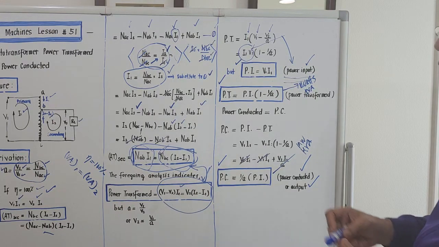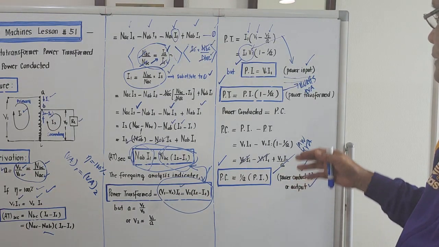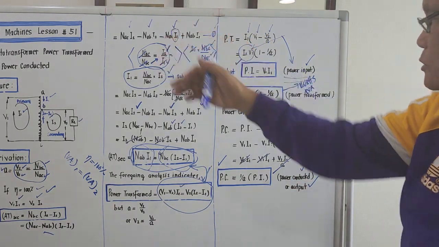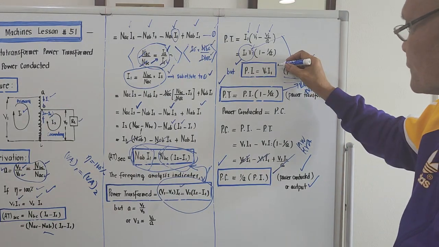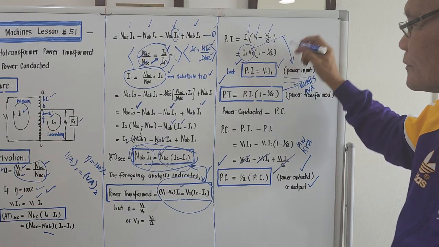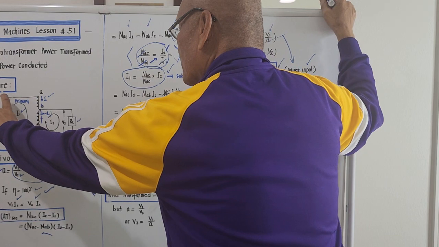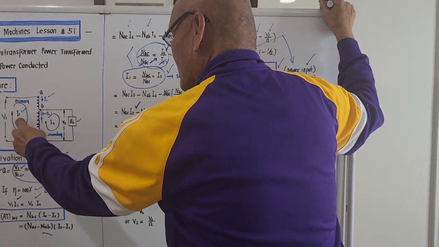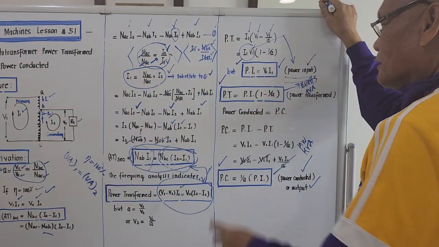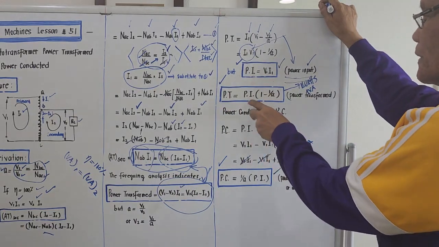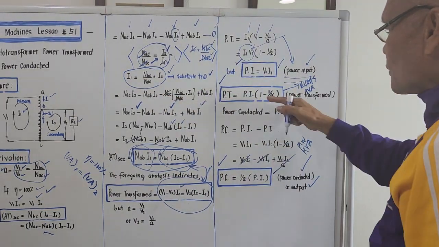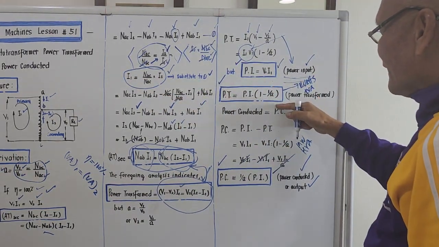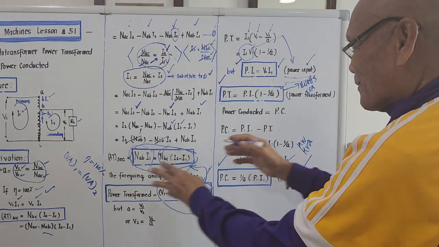So the needed formulas: power input will be the product of the input voltage and the current entering, B1 I1. And the power transform will be the power input times the quantity 1 minus 1 over A. It came out like this from our derivation, right?